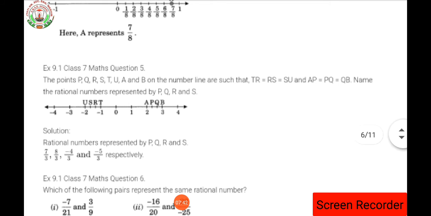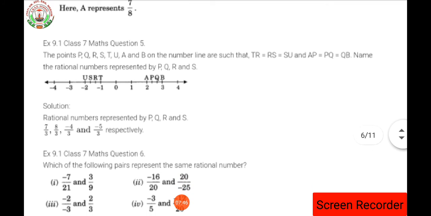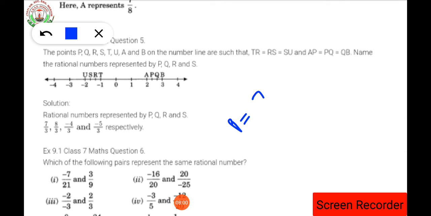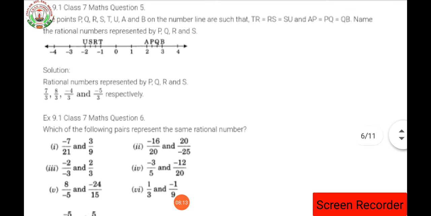Then name the rational numbers represented, that means which rational number is represented by U, S, R, T and A, P, Q, B. So P is represented by 7 by 3, Q is represented by 8 by 3, R is represented by minus 4 by 3, and S is represented by minus 5 by 3. So this is the solution.